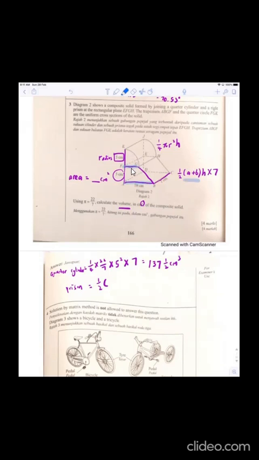The top one you know is 5 because it is the radius, so everywhere the side is 5. So 10 plus 5, times the height, which we already said is 5, and times the width 7.